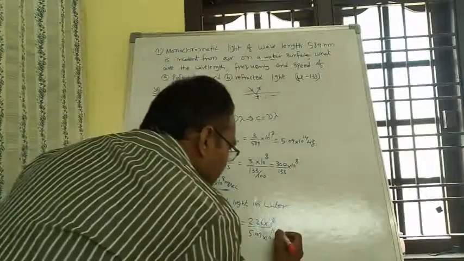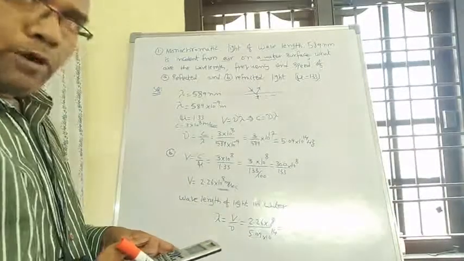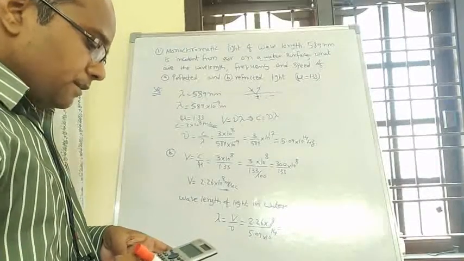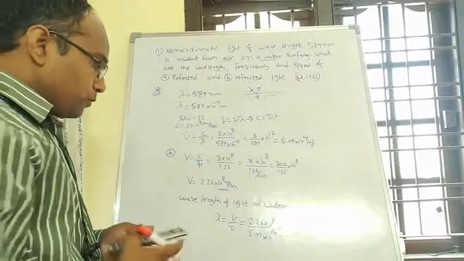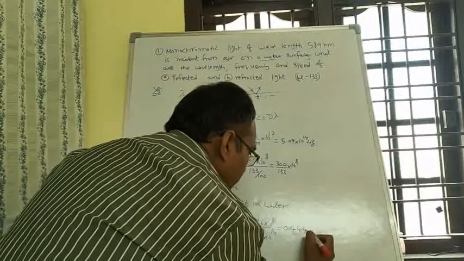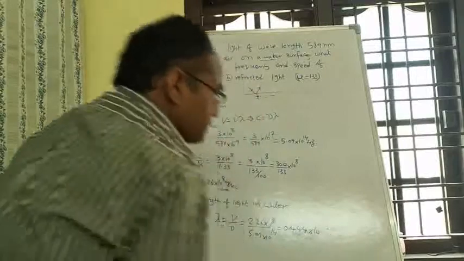Here 2.26 divided by 5.09 gives 0.444, so we get 0.444 into 10 to the power of minus 6.